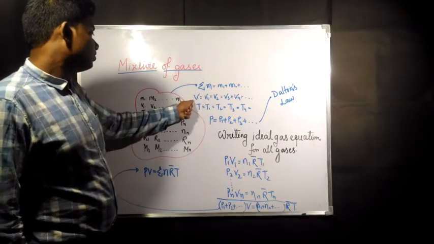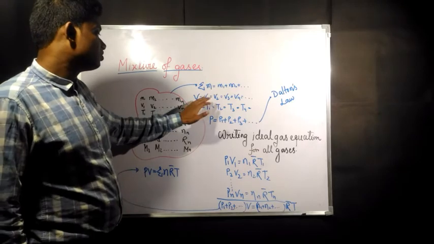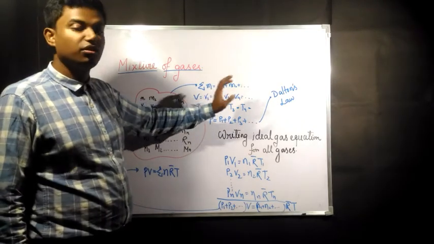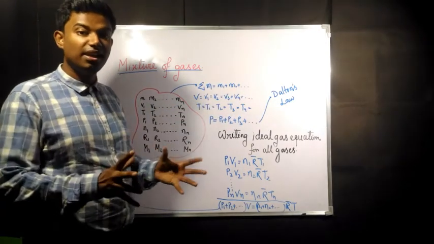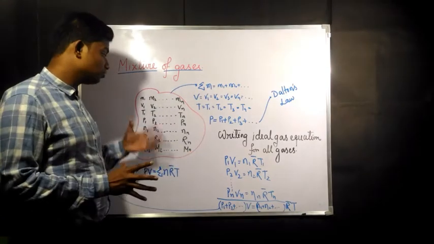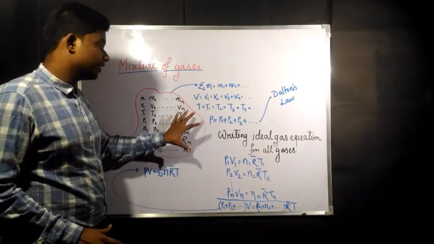That is why the volume is the same for all the gases: V equals V1 equals V2 equals V3 equals V4, up to n number of gases. The volume would be the same, because even in a mixture, each gas occupies the volume of the container.